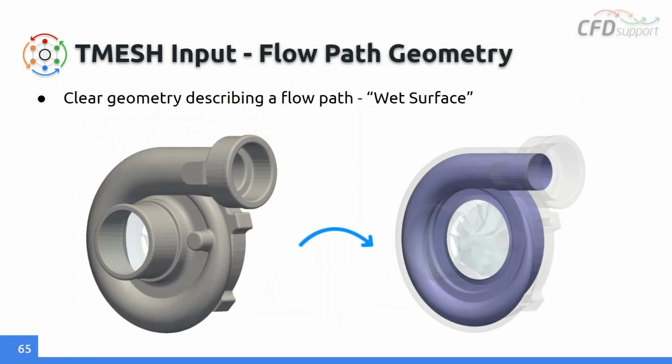What are the main parameters of the STLs? Now I will be speaking exclusively about the STL. You need to input only the data which somehow describes the flow path. It can be called the wetted surface, the surface which is touched by the fluid.